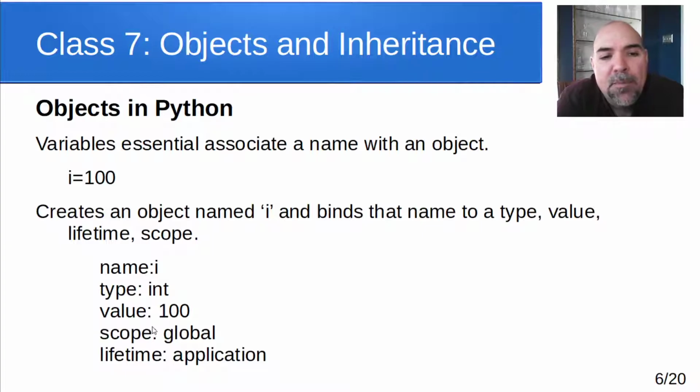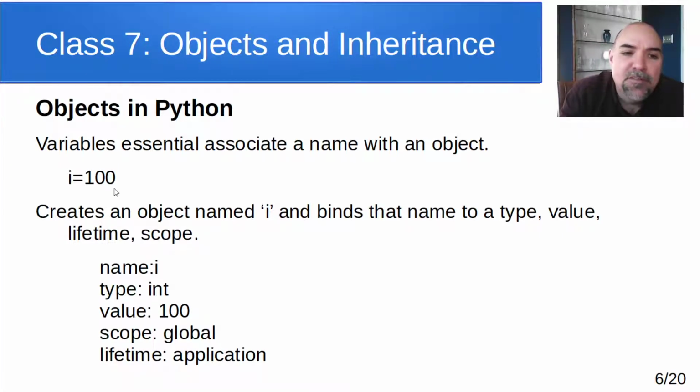Now, if we think about what a variable is, it's essentially just a name that gets associated with some object in memory. So if you create a variable like I, say I equal 100, that creates an object and binds the name I to that particular object. And that object has, like all objects, a type, a value, a lifetime, and a scope.